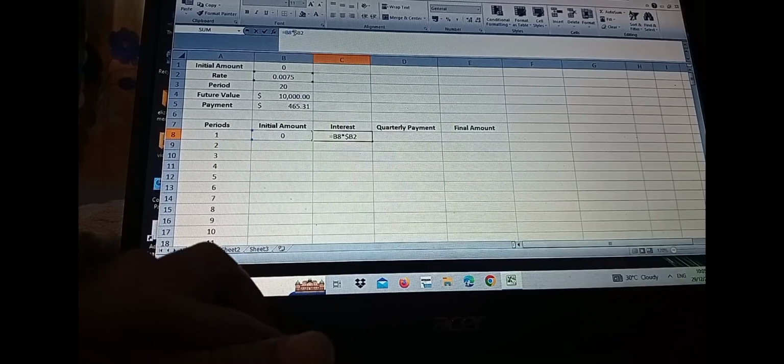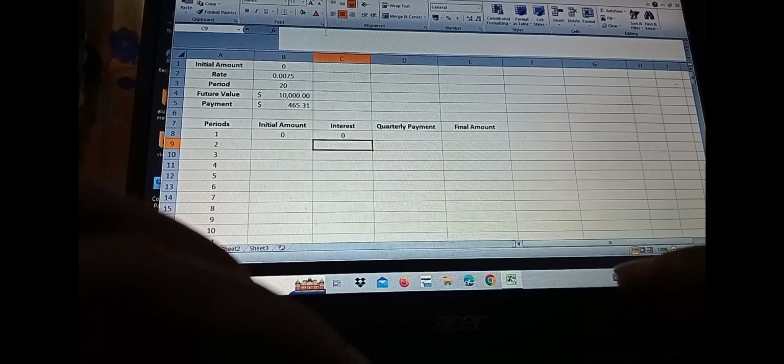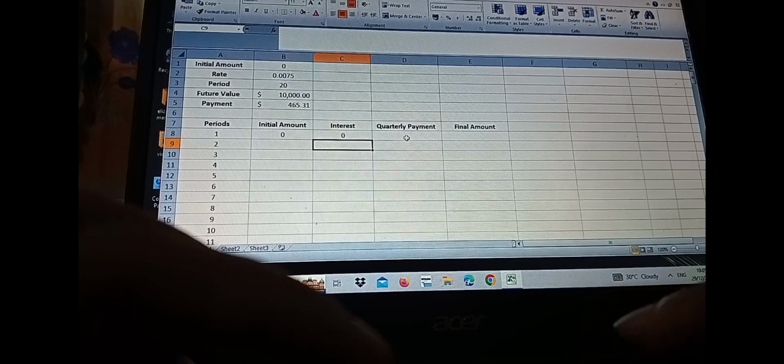Then enter. So we have 0, since the initial amount is 0, multiplied by 0.0075.